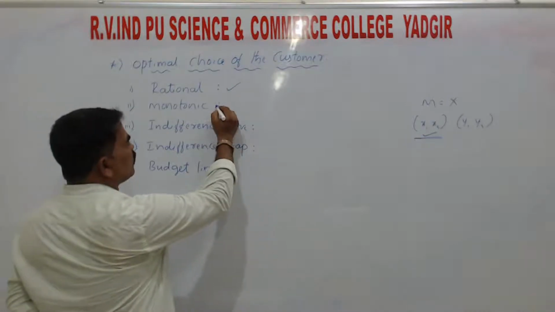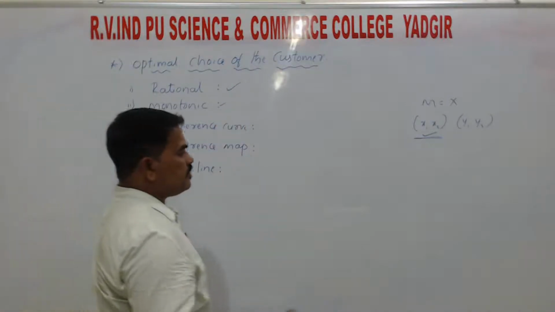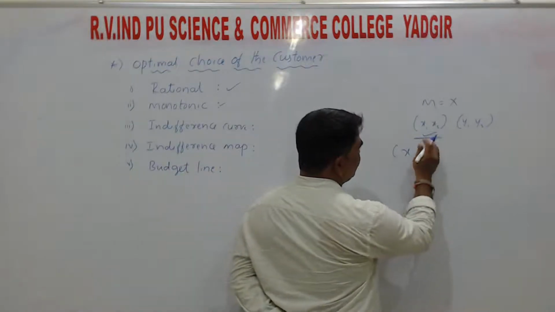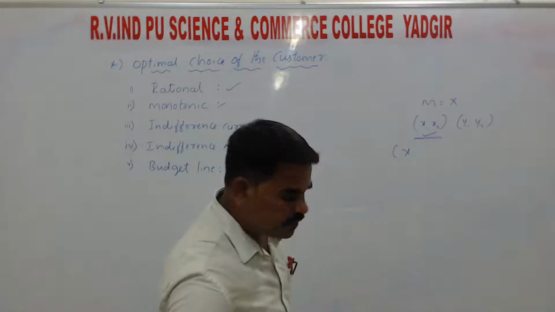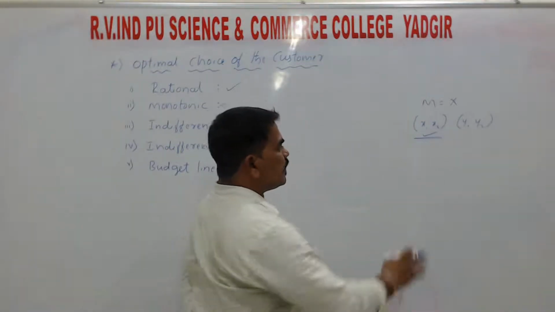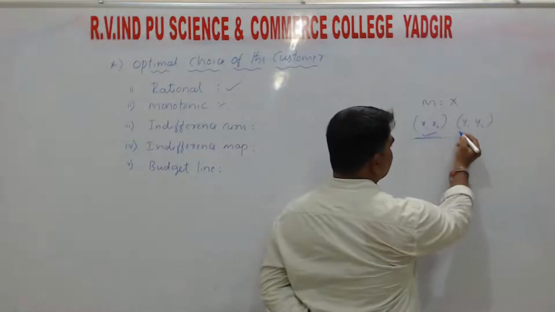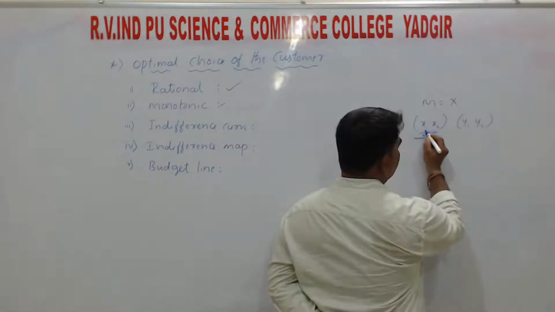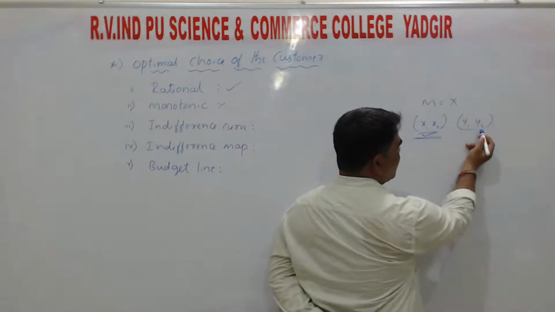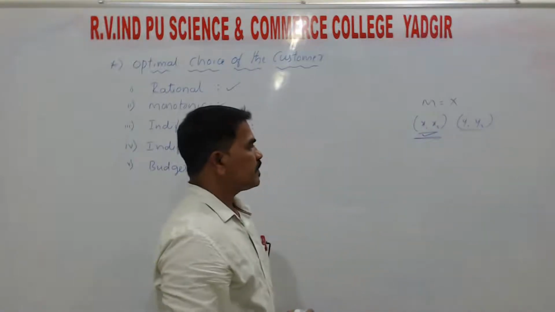And what do you mean by monotonic preferences? As we already discussed, monotonic preferences means, again, in the market we have two bundles. Bundle X, which contains X1 and X2 product, and bundle 2, which contains Y1 and Y2 product.